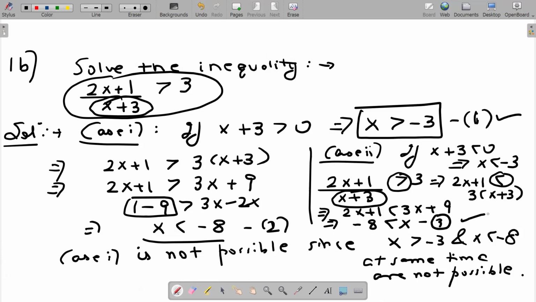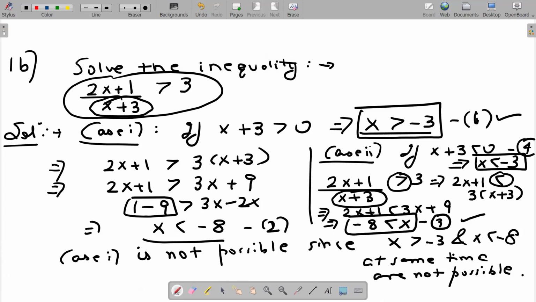Is 1 and 3 possible? Yes. x more than minus 3 and x greater than minus 3. Sorry, let me correct myself. Let me call this as 4. We are not looking at 1, we are looking at 4. Case 4 was x less than minus 3, and then we have x more than minus 8.